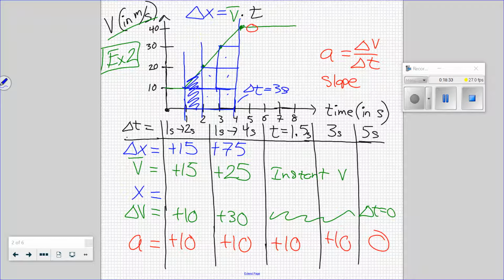What formula have we had that gives 75? V0 is 10. If I multiply that times the time, there's my 3 bottom boxes. 1 half a t squared.